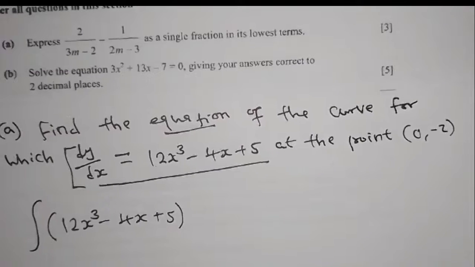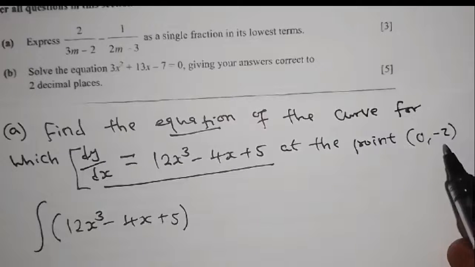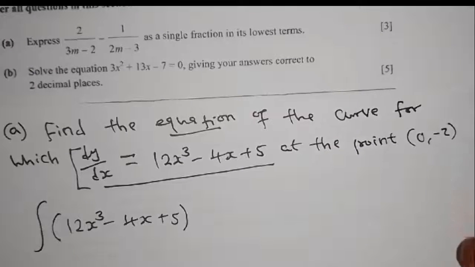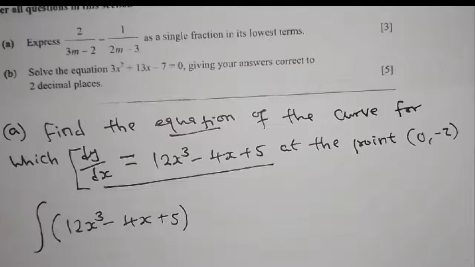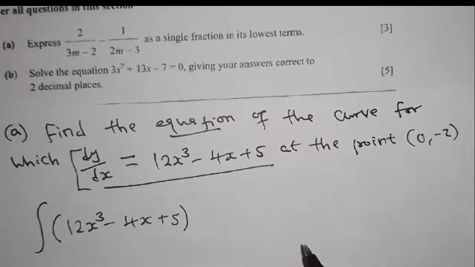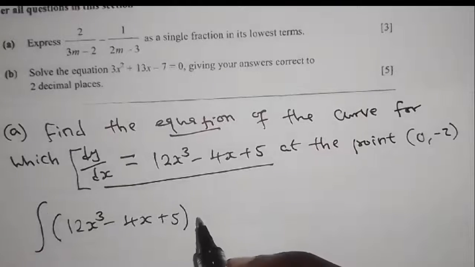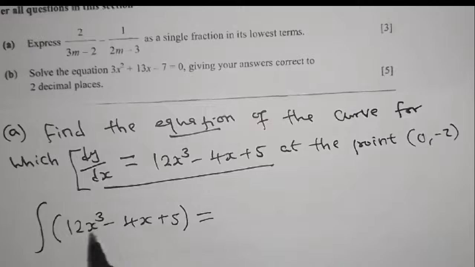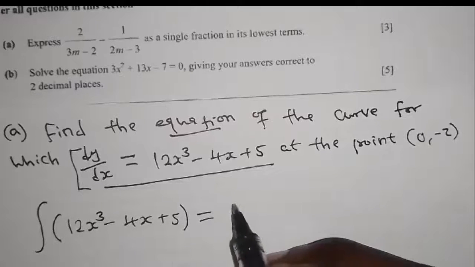Now remember, they have also given us this pair of coordinates, the point. When you're integrating, remember that you have indefinite and definite. So this one, integration means that the power will increase by 1.